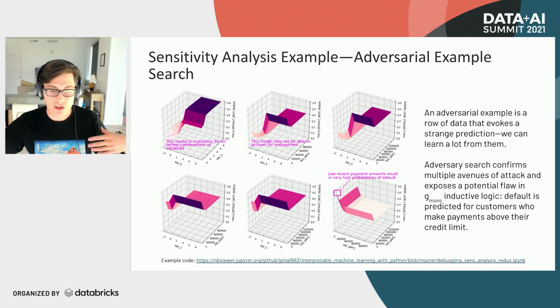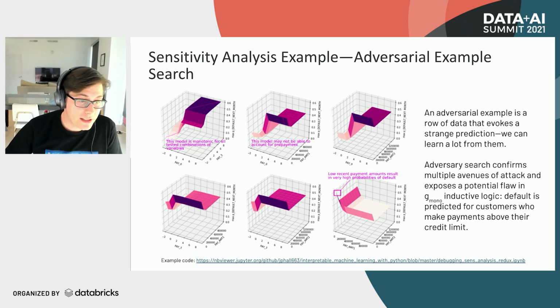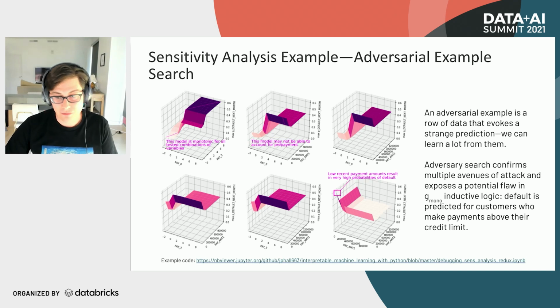When I have all these dimensions and all these possible outcomes in the real world, it's nearly impossible to know everything that my machine learning model is going to do, but this gives me a better picture than I would have had just by looking at AUC. So one nice thing here is I can confirm that my monotonicity constraints held across all these different thousands and thousands and thousands of perturbations.